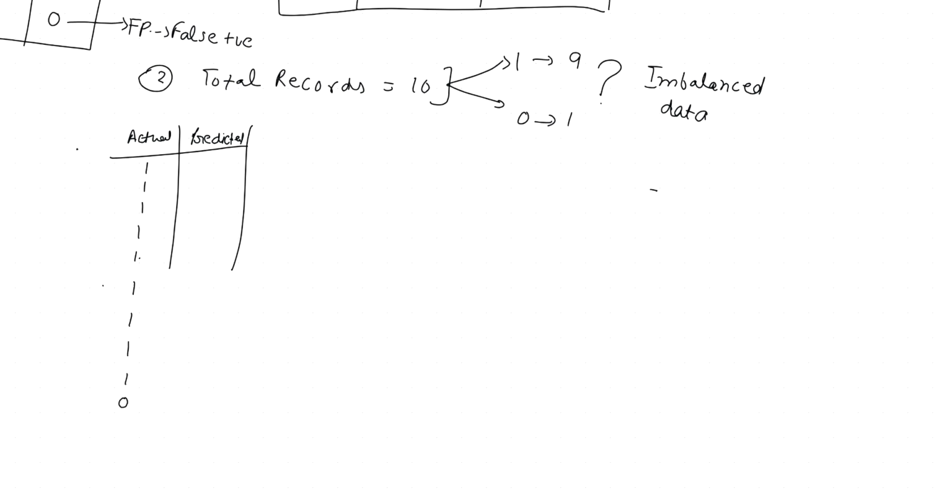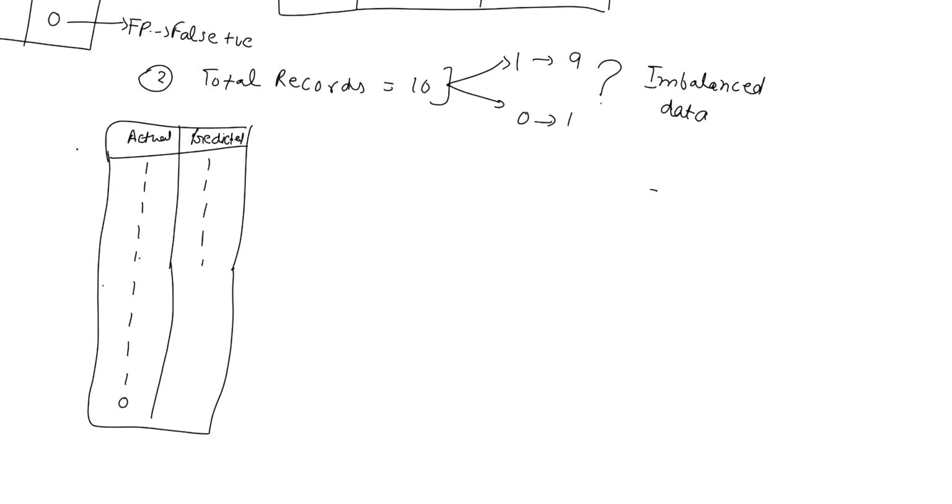When you applied any model onto these, either random forest classifier or logistic regression, your model predicted like this way: 1, 1, 1, 1, 1, 1, 1, 0, 1, and 1. Something like that.